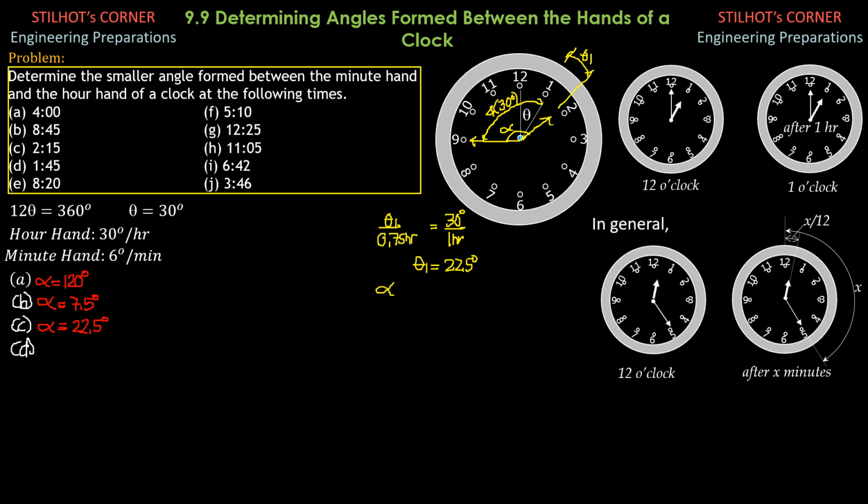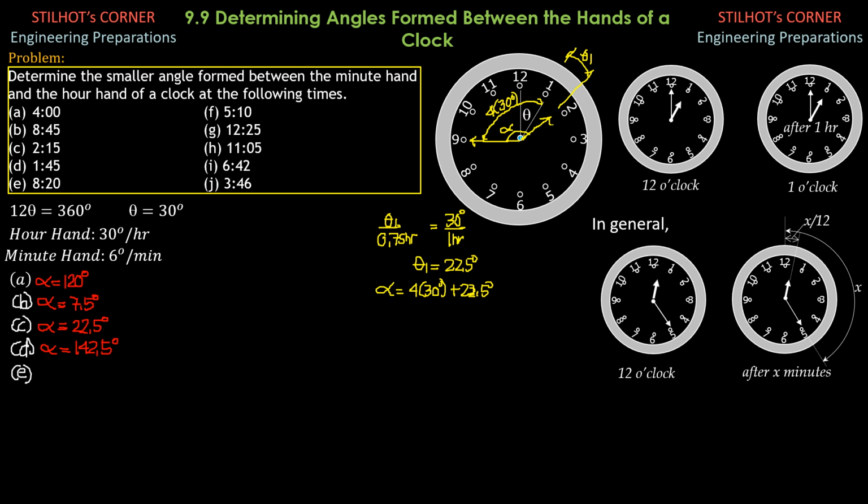So alpha is equal to 4 times 30, 120 degrees plus 22.5 degrees. So therefore, alpha in part D is 120 plus 22.5, which is 142.5 degrees.